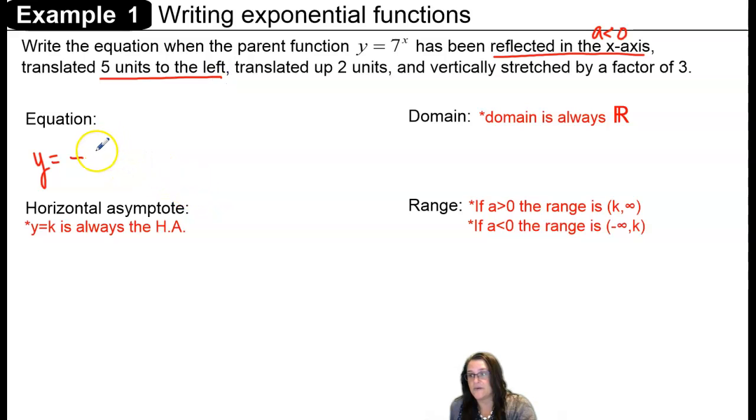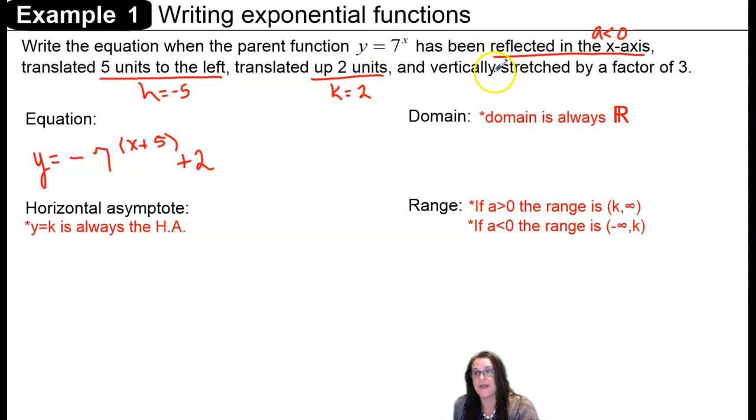And so I know that my exponent is going to be x plus 5 because I'm going 5 units to the left. It needs to be translated up 2 units. So that's going to be my k. So k is equal to 2. My h, since it went to the left, I forgot to write that in there, was -5. So we're going to go up 2.